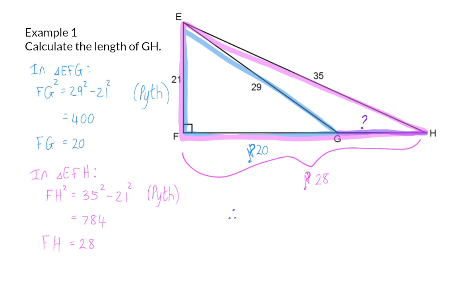So, to finally determine the length of GH, we're going to take the longest side, FH, and subtract the shorter one, FG. This is 28 minus 20, which means that GH is 8.